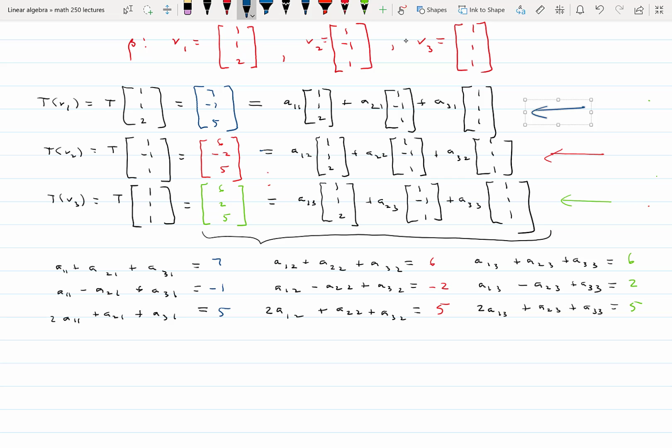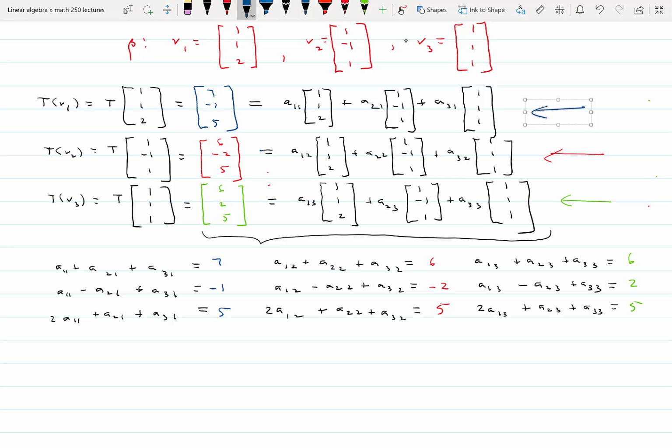They all have the same coefficient matrix. All three systems have different variables, but they have the same coefficient matrix. So if you were to apply the Gauss-Jordan elimination method, the steps would be exactly the same for all three systems.